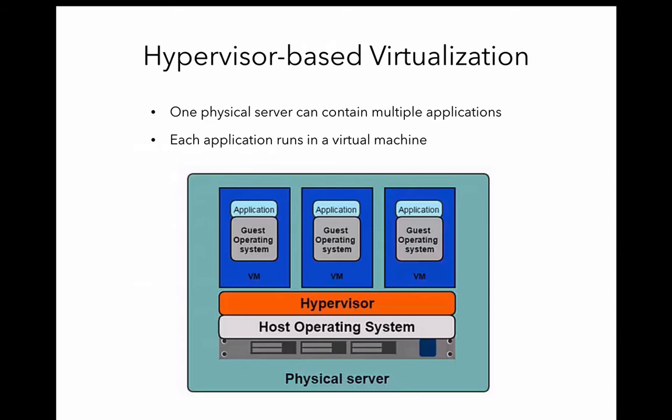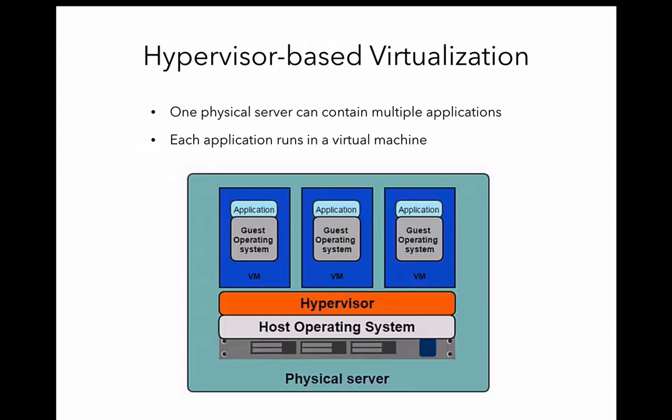Host and guest, you all know, host means the operating system of the one physical machine, and guest is the VM guest. So there was a layer of hypervisor on top of the host operating system, and that helped you to manage the virtual machines. Each virtual machine has its own guest operating system on top of which you deploy the application.